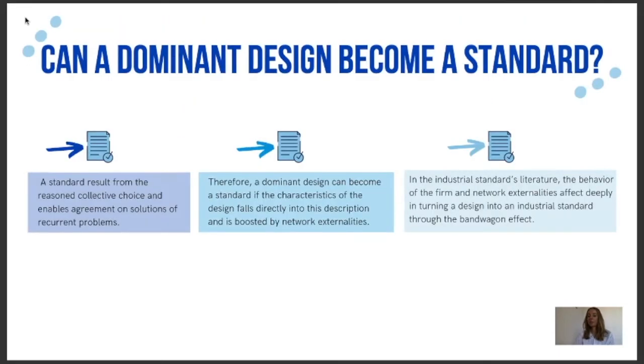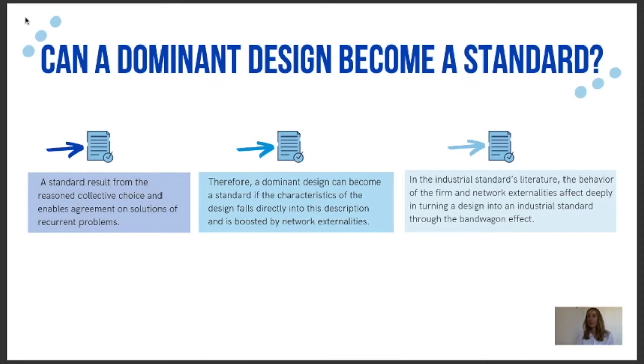That brings us to the question of whether some dominant designs can become standards. As I mentioned, a standard results from the reasoned collective choice that enables agreements on solutions of recurrent problems. It is the balance between the requirements of users, technological possibilities, and cost of producers, as well as constraints imposed by the government, with the aim to benefit the society.